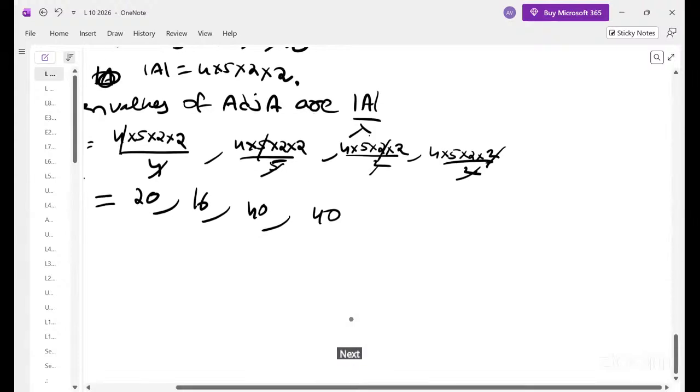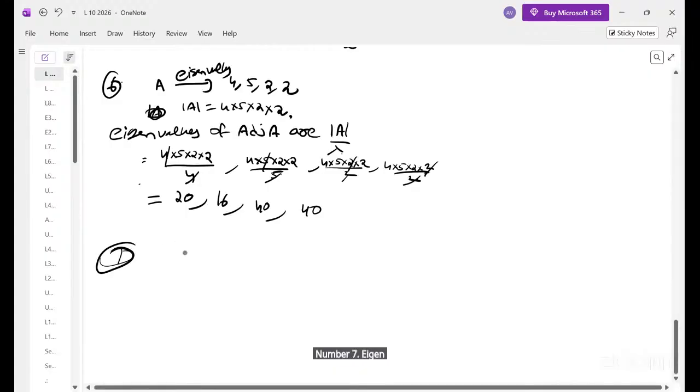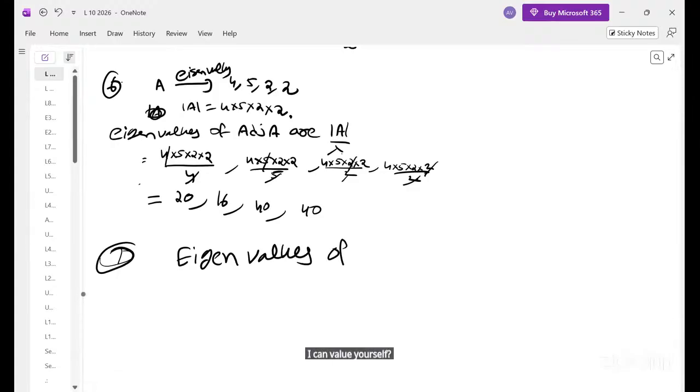Next, eigenvalues of 2A transpose we are asked to find. Number 7. Eigenvalues of 2A transpose. So first we have to get, it is like KA. First we have to get eigenvalues of A transpose.